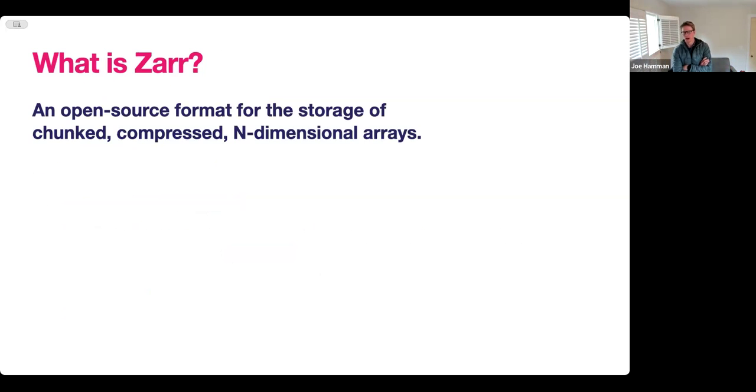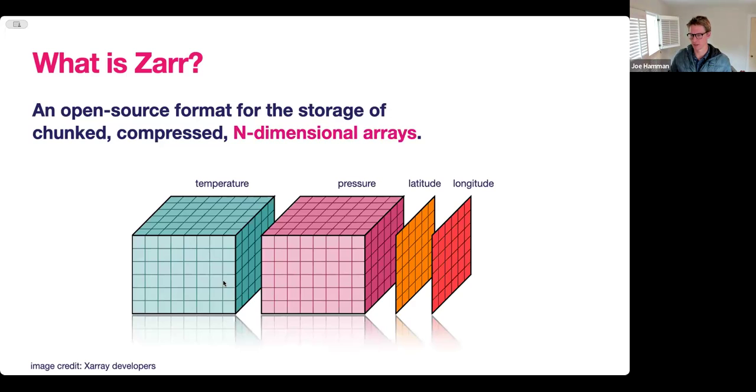So, all right, what is Zarr? I'm going to blast through these first slides about Zarr so that we can spend most of the time towards the end. Zarr is an open source format for the storage of chunked, compressed, N-dimensional arrays. Xarray is an example of N-dimensional arrays here. So Zarr and Xarray work well together. This is an image showing 2 3D arrays and 2 2D arrays.